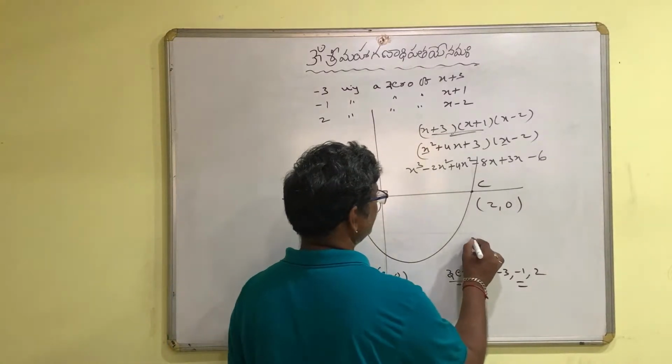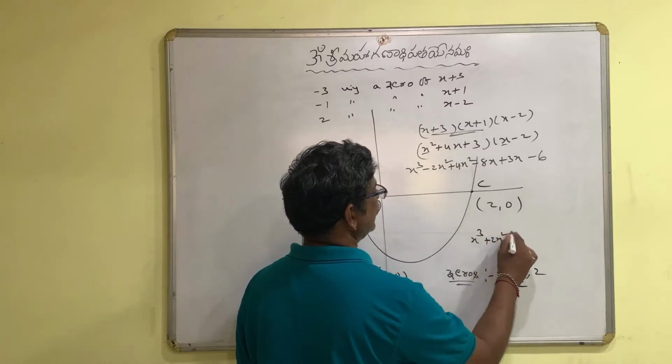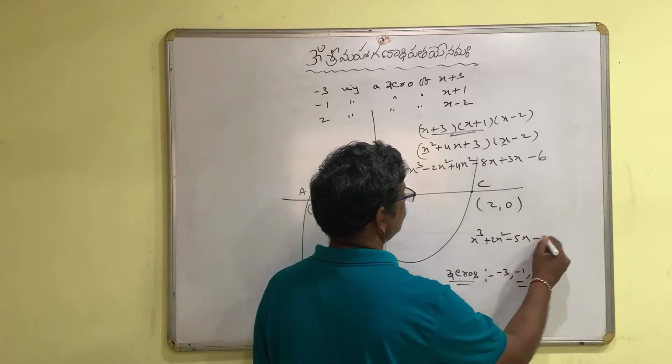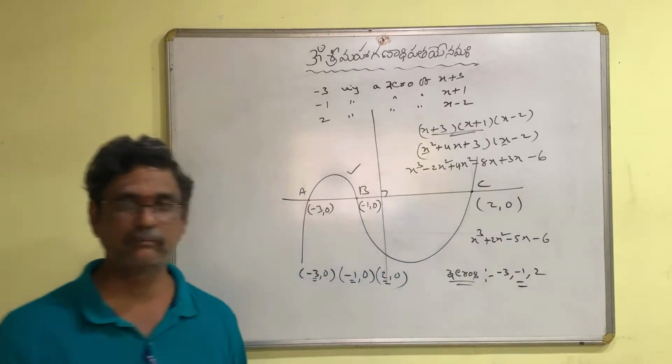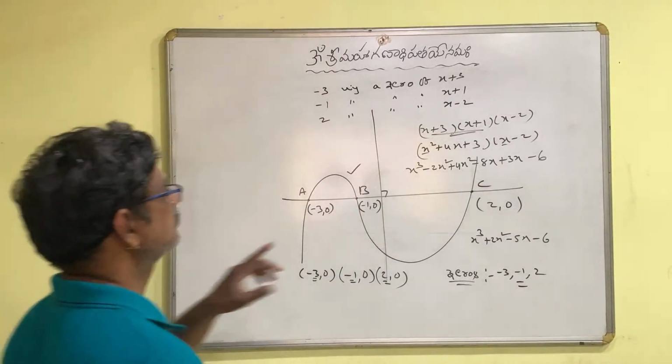So what will be the polynomial? x cube plus 2x square minus 5x minus 6.